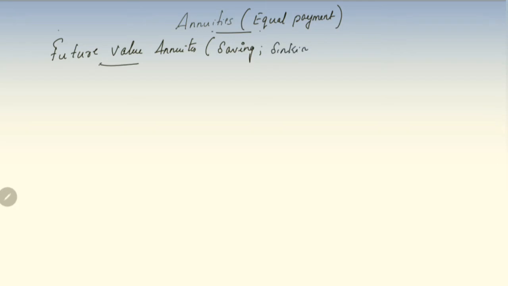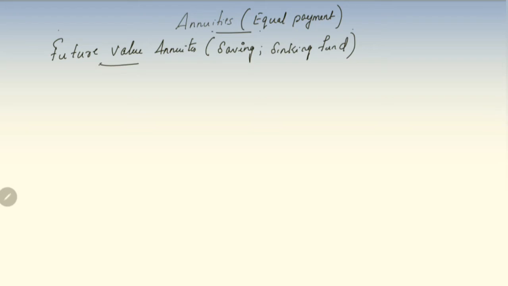Both are the same. A sinking fund means you want to raise a particular amount in future that you will be using for some other purpose. Okay, so that is a sinking fund. Savings, both are the same things. So the future value annuities. I will show you how to derive this formula, though the derivation is not important.